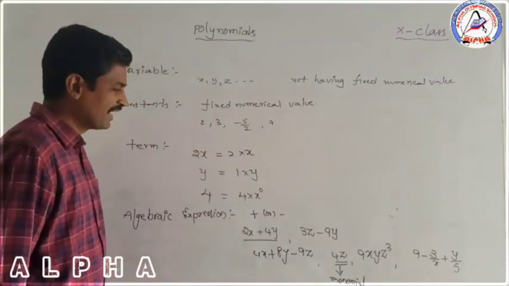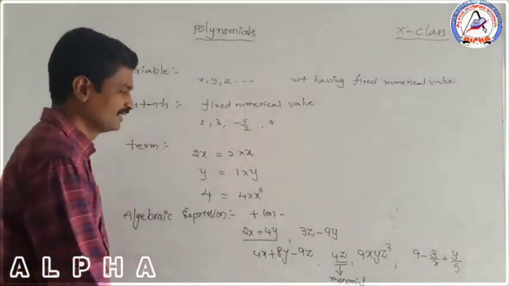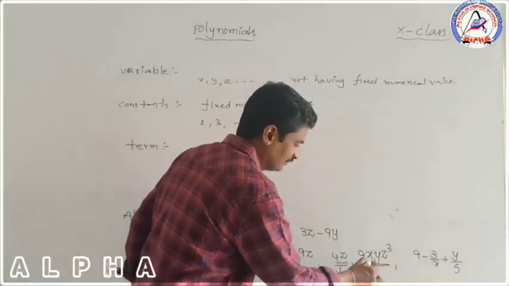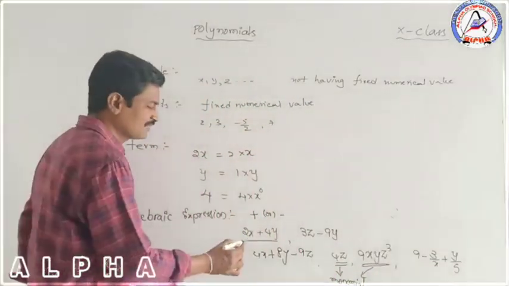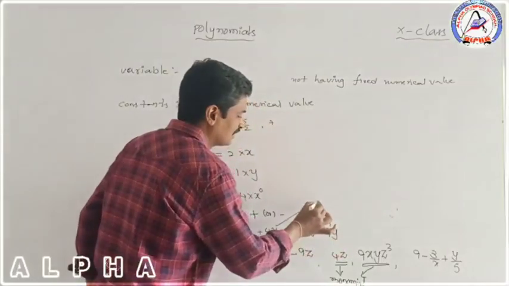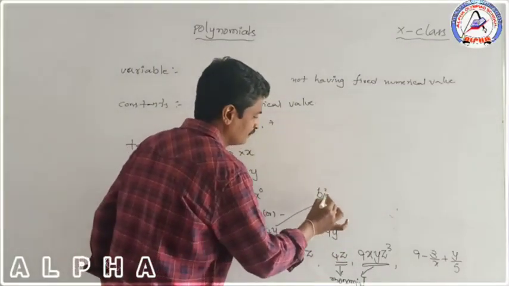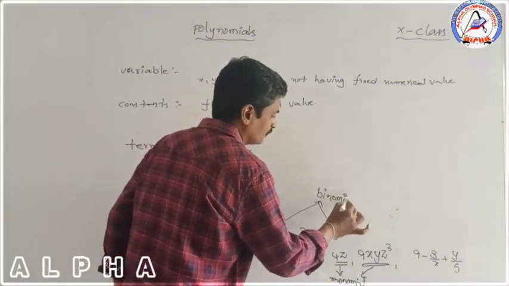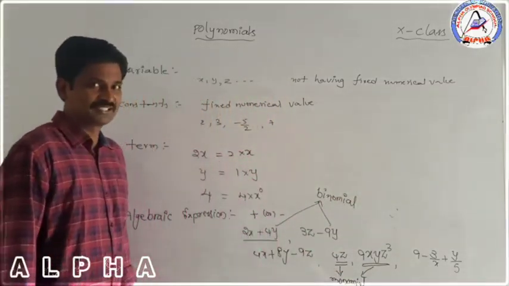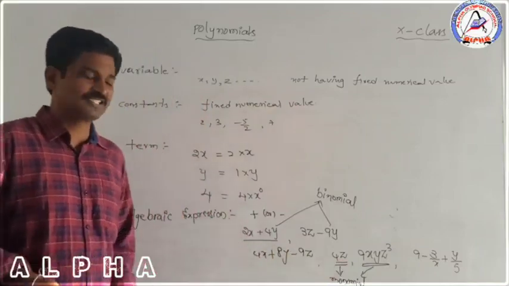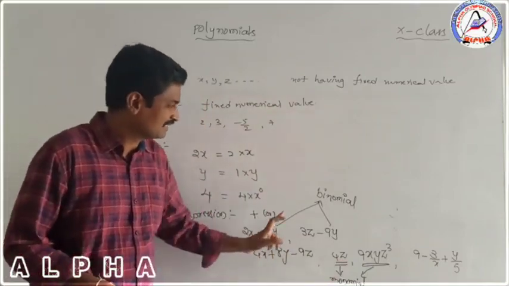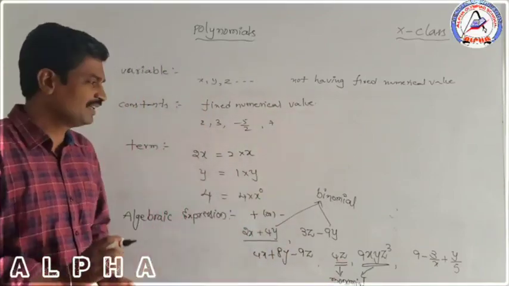Monomial means only one term. If an algebraic expression contains two terms, then it is called a binomial expression.